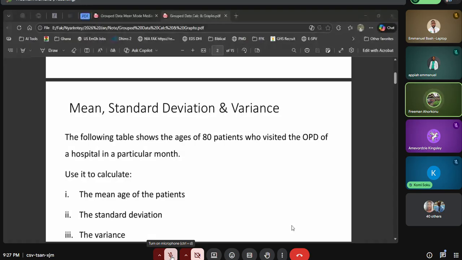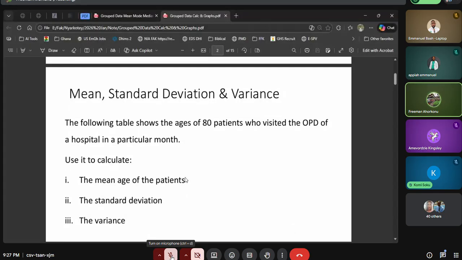So this is your data. Maybe these are the ages of your patients, the weights of your patients, or whatever else of the patients. We want to play around with this data.